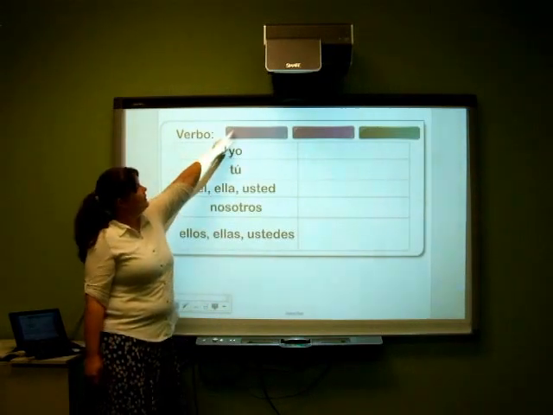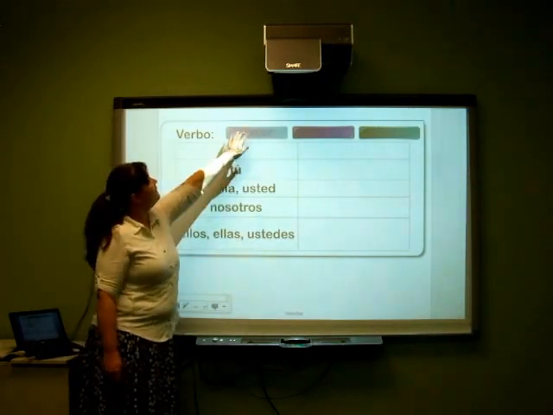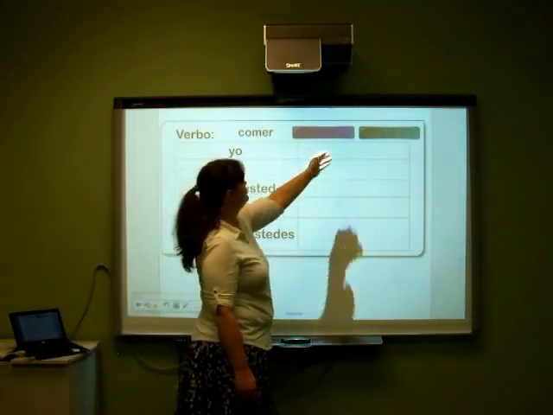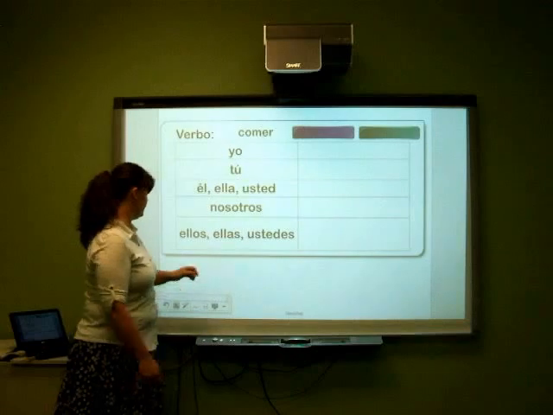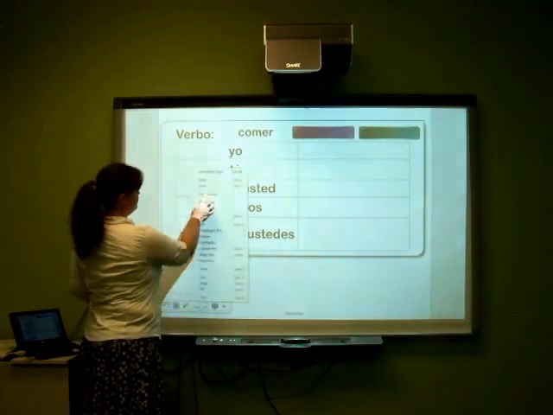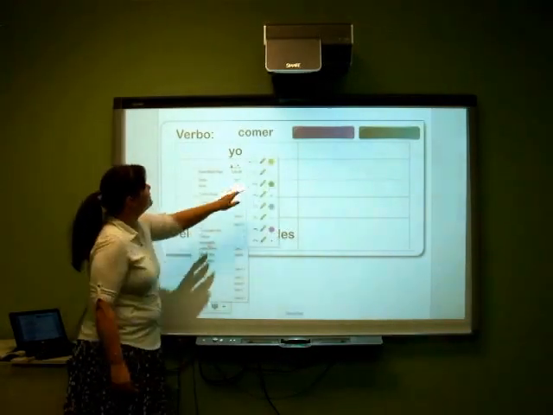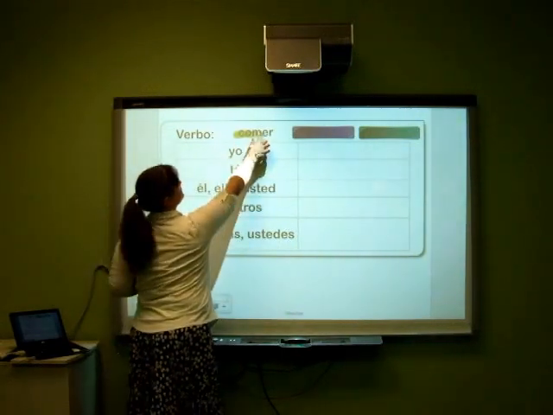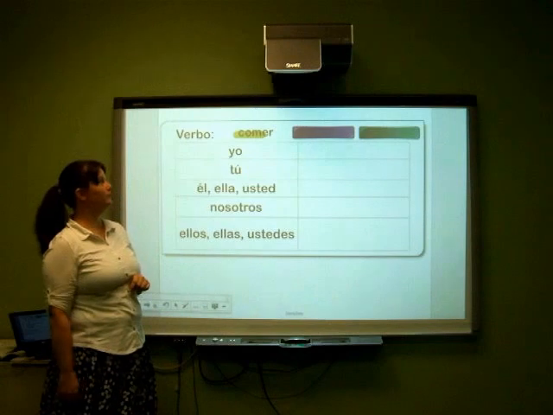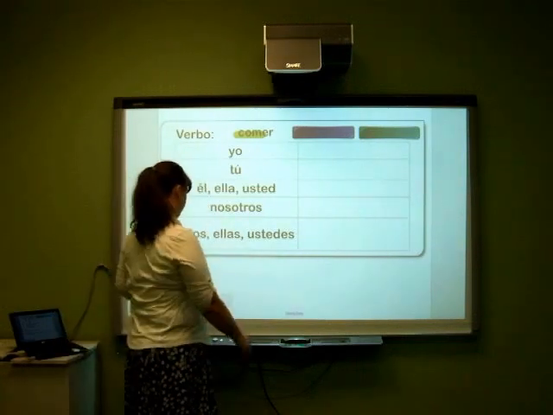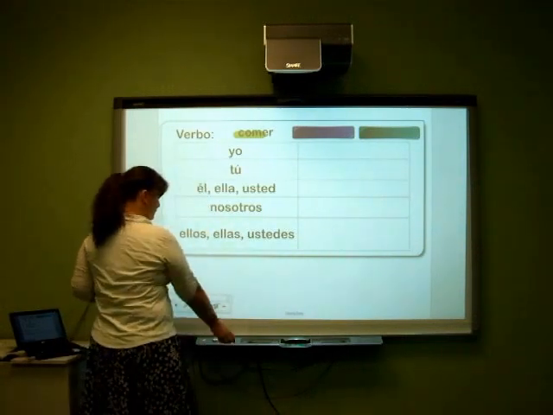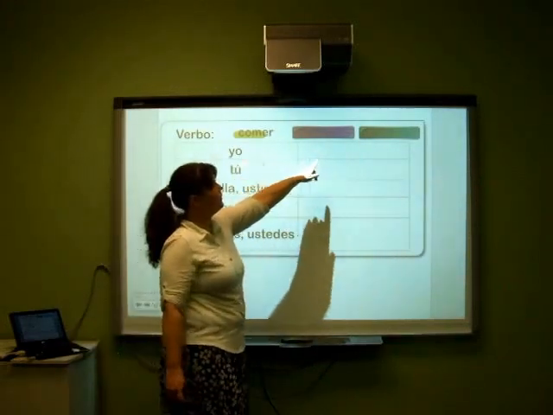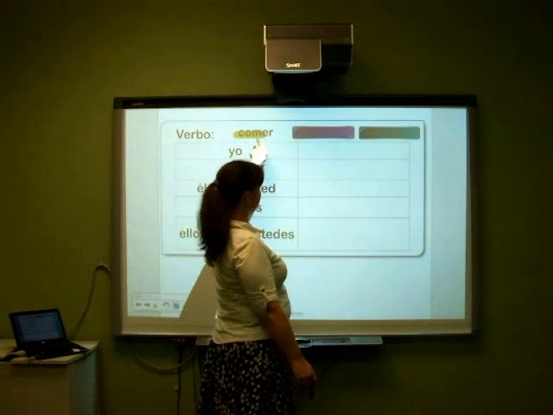Our first verb is comer. Let's remind ourselves first that the stem of comer is com. We drop the ER off and we have com. So, what is our first word?